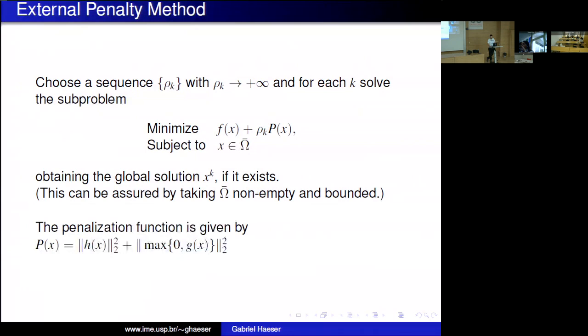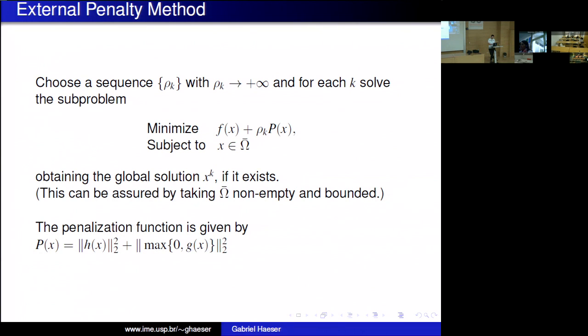You can select some constraints that you think are easy to handle, and you penalize with respect to the difficult constraints. If you have an algorithm that is able to minimize functions under this constraint omega bar, you can do this strategy. You can think of this omega bar as linear constraints, for example.